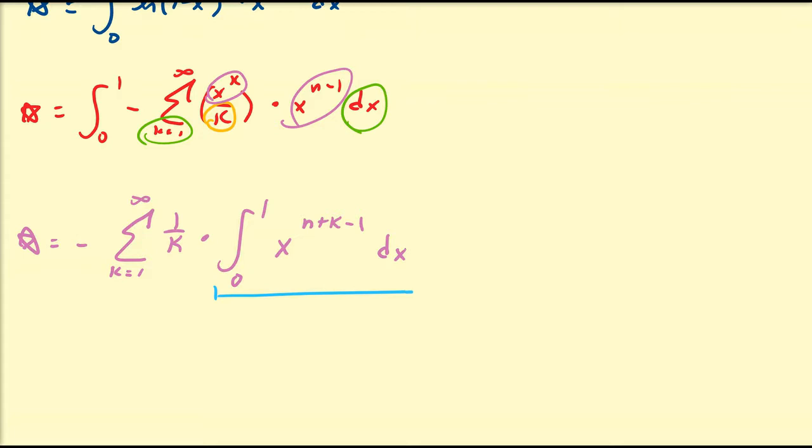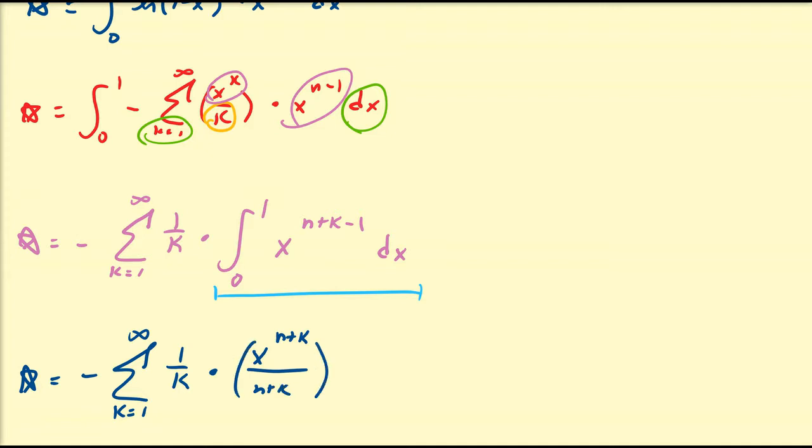So for this portion, we can apply the power rule, so add 1 and divide by the new exponent. That's going to give us the negative summation from k equals 1 to infinity of 1 divided by k times x to the n plus k divided by n plus k, evaluated as x goes to 1 and x goes to 0.